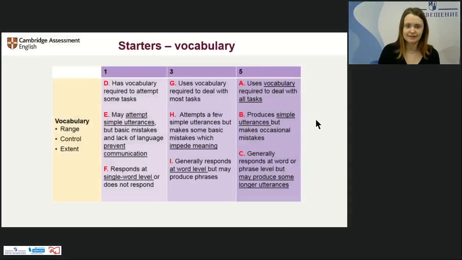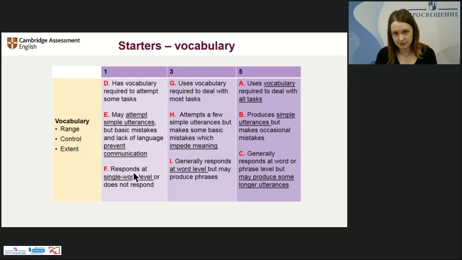That would probably be easier. So if you have a look at the descriptors, you will see that the starters will get 1 point for limited vocabulary and some attempts. Attempt simple utterances, and if they have problems which prevent communication, but they are still trying to produce something, they will get a 1.